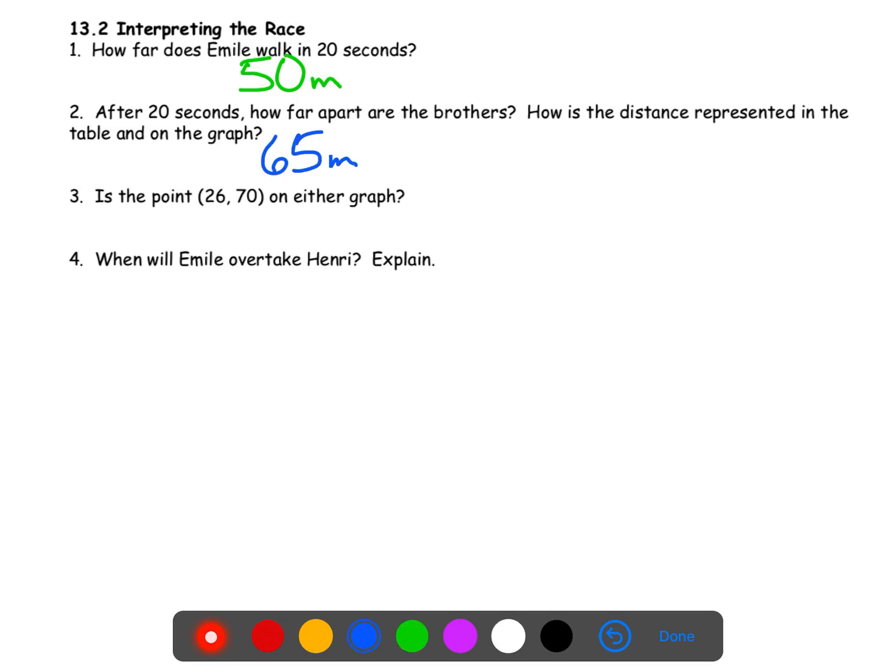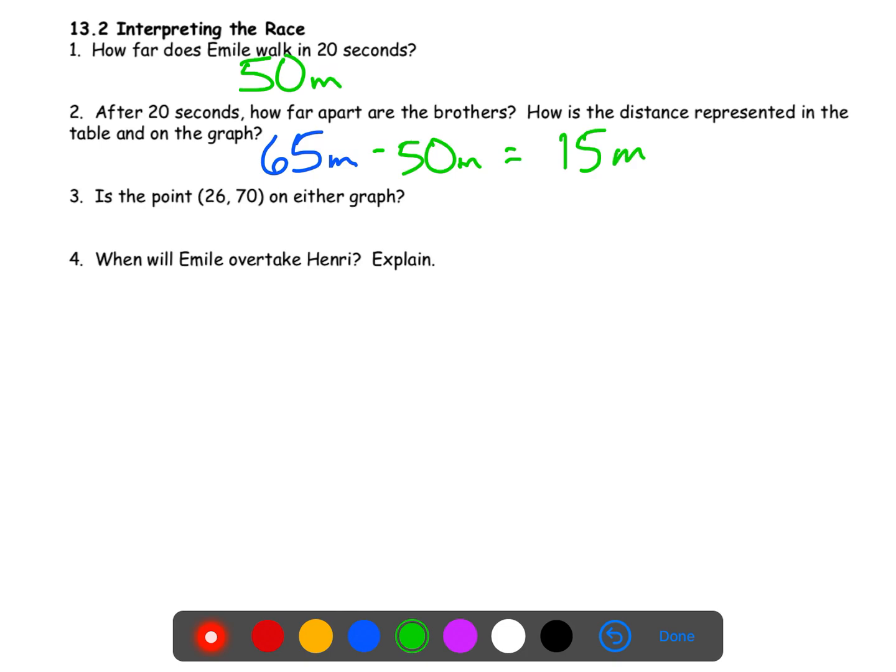So how far apart the brothers are would be the difference between their two distances. They're 15 meters apart. And because Henry is a greater distance, that means Henry is ahead of Emil by 15 meters. So we would just subtract to show that they are 15 meters apart, or Henry is 15 meters ahead.